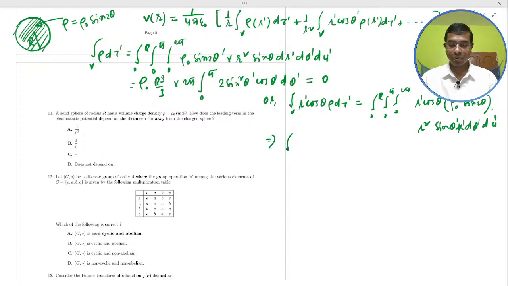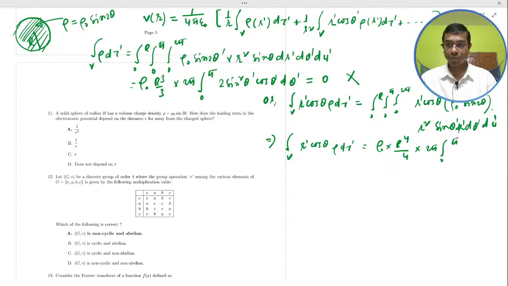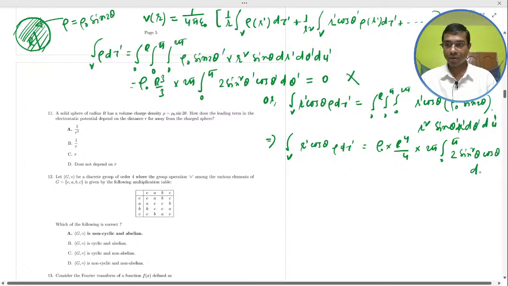So this integral over V of r dash cos theta rho d tau dash is equal to rho naught into r to the power 4 by 4 into twice pi, integral 0 to pi of twice sine square theta into cos theta d theta and d phi.